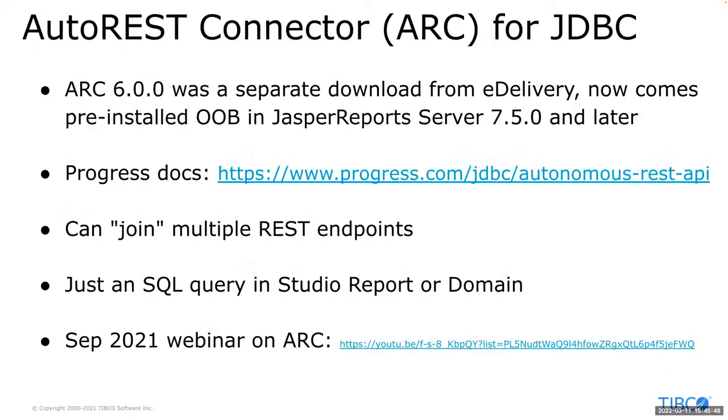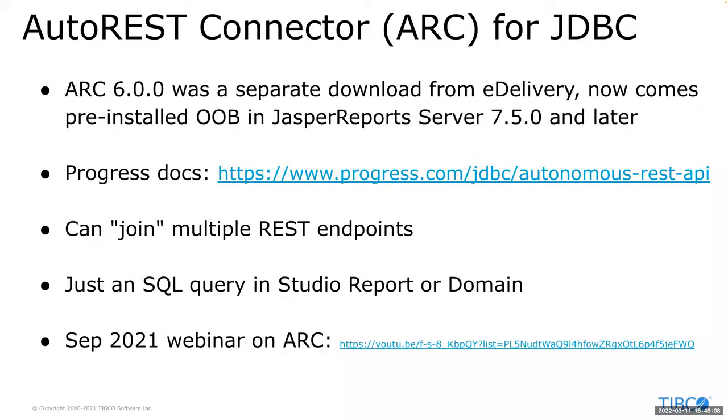As I mentioned before, we have the AutoREST connector, we call it ARC for short. It comes pre-installed out of the box from JRS 7.5 and later, and also in Studio.